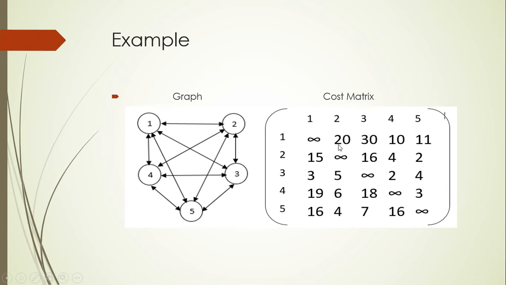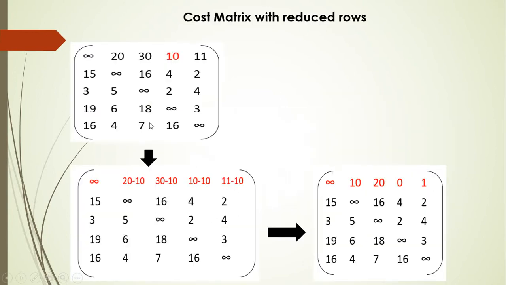So this 20 gives you the distance from 1 to 2. And this 15 gives you the distance from 2 to 1. Now we have to find out the minimized cost of the tour to travel from 1 to all nodes and again return to 1.